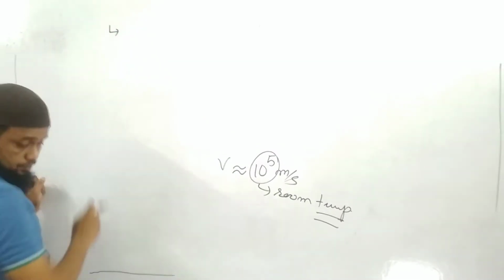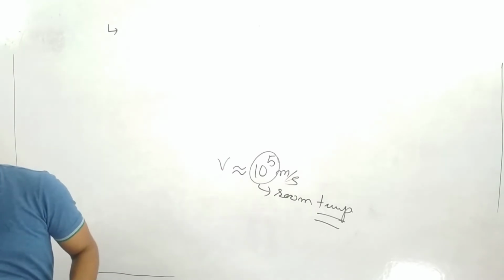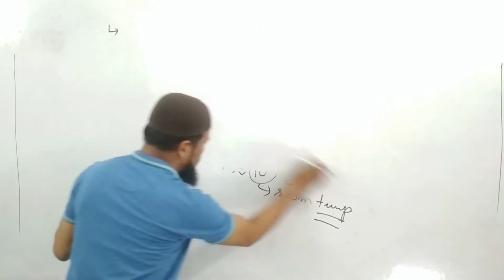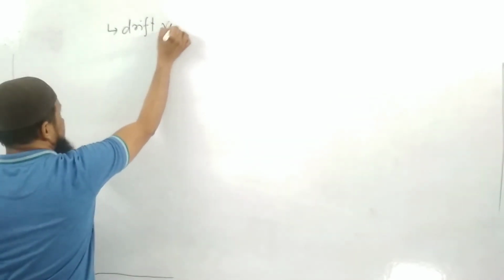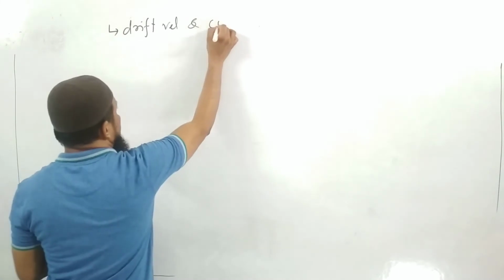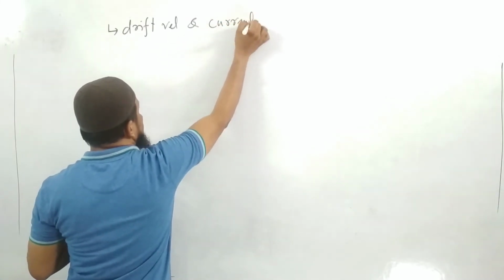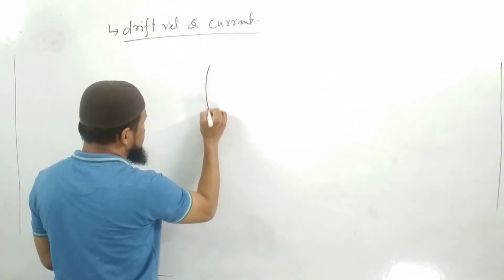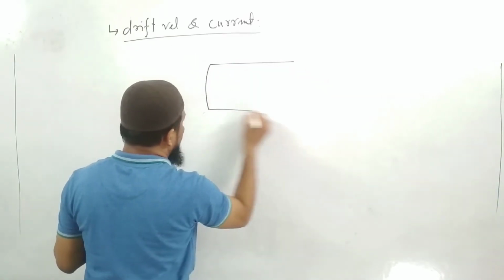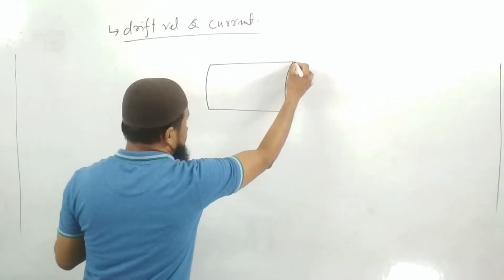Now, from drift velocity, let us see the relation between drift velocity and electric current. In order to understand it, we will consider a portion of a conductor.